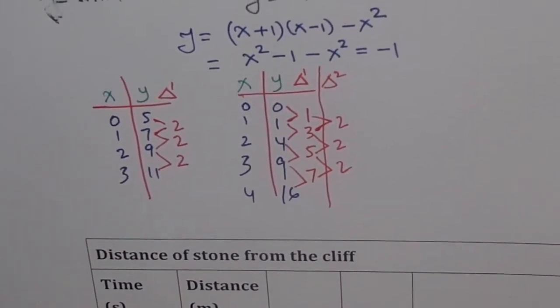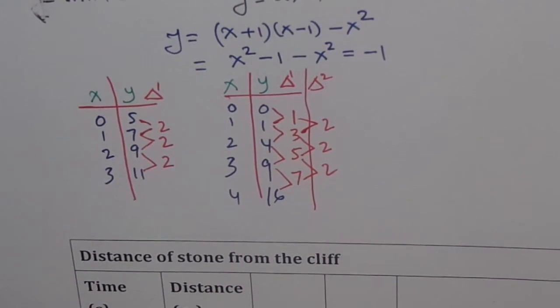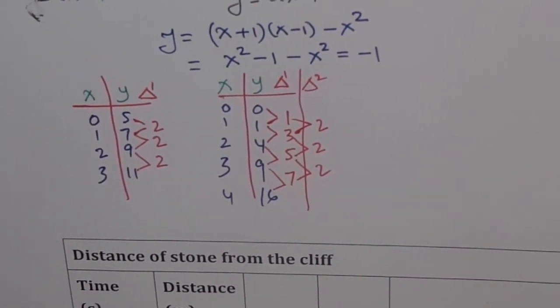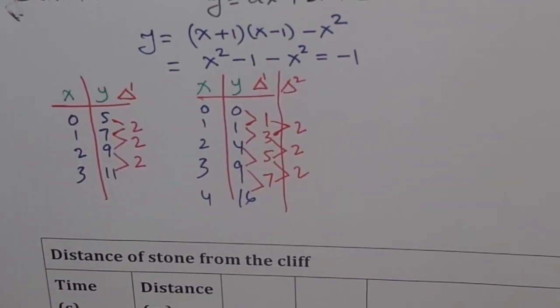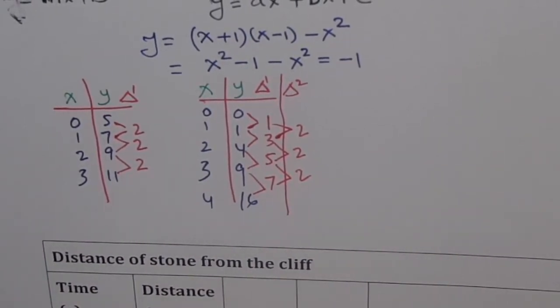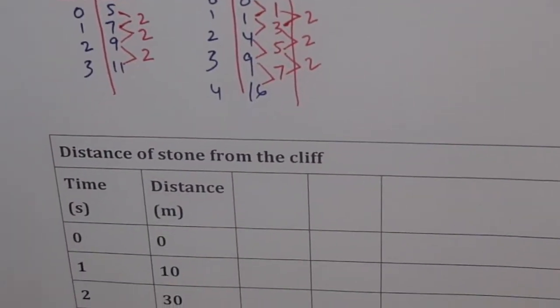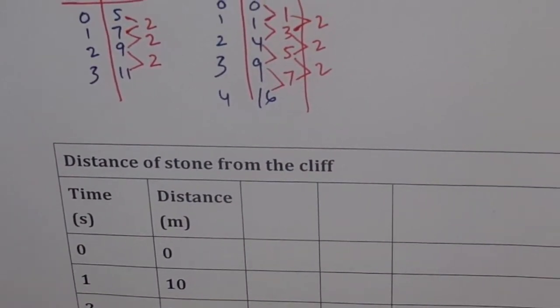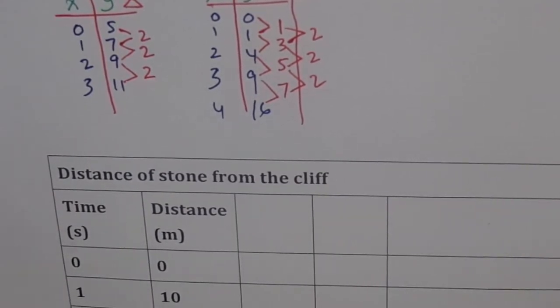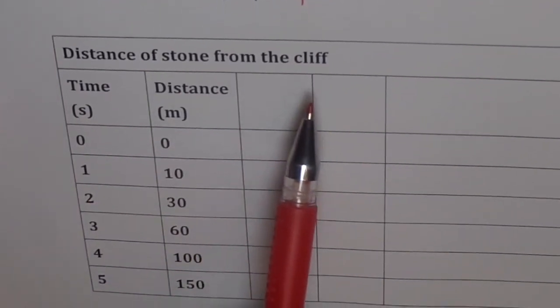Then the second, we saw the equations, and sometimes the equations can be tricky, right? Now the third was table of values. Here is a set of table of values for you. So we have a set of values in table form, which I'm saying is the distance of a stone from a cliff.